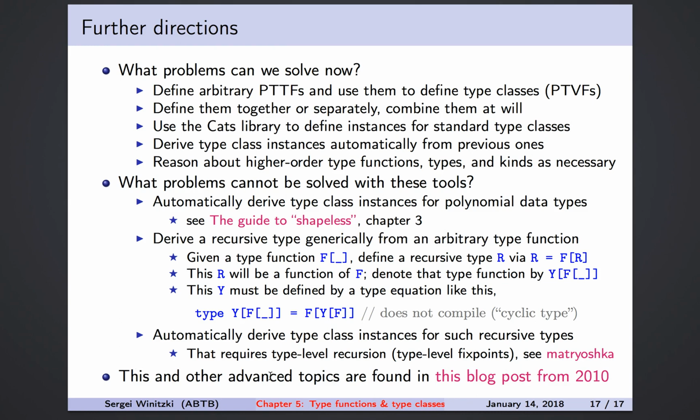In any case, these are more advanced topics, which are perhaps further away from practical applications than I would like. And there are some interesting discussions. There's a blog post, very interesting series of explanations of this kind of stuff that I encourage you to look at if you're interested. This concludes Chapter 5.